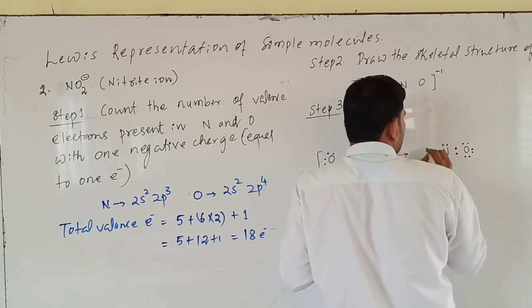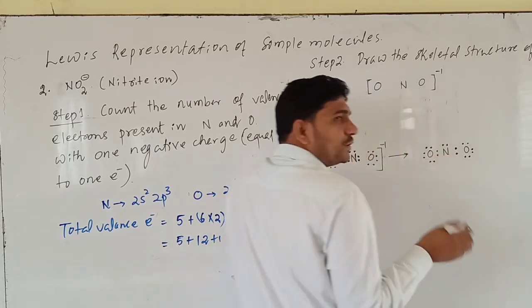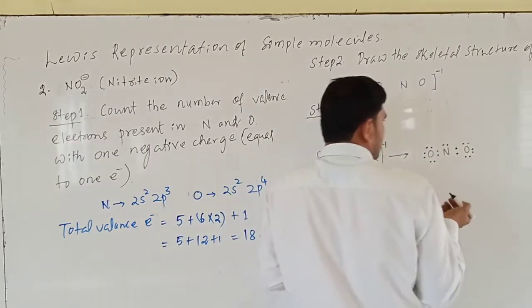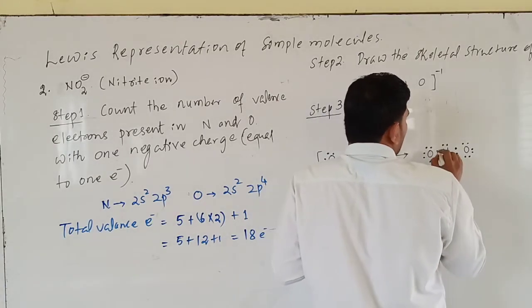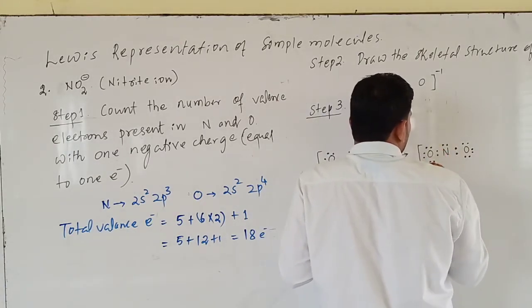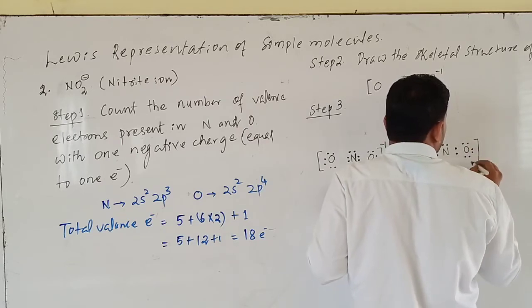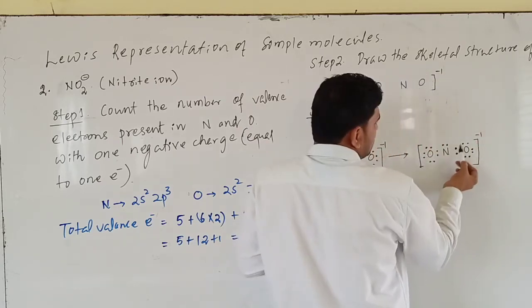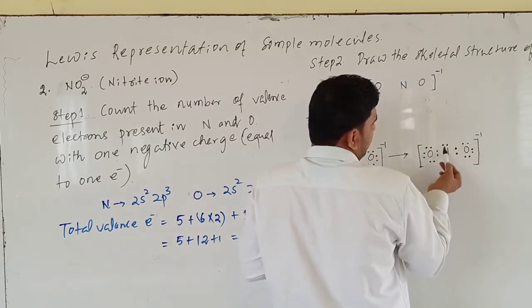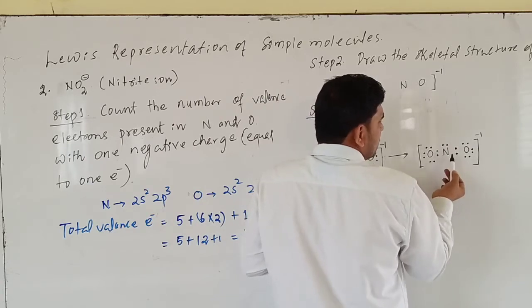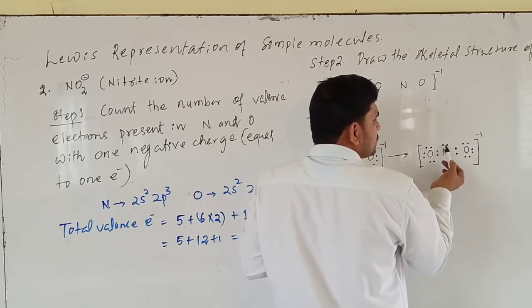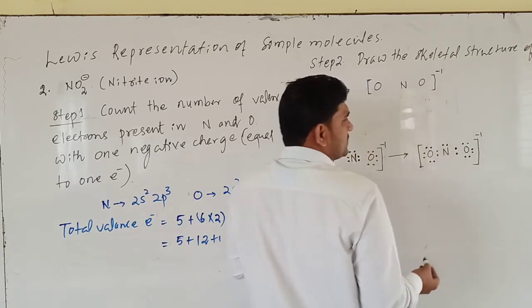These are the shared electrons. The single bond is given by a lone pair of electrons. But nitrogen doesn't satisfy the octet: it has only 6 electrons.